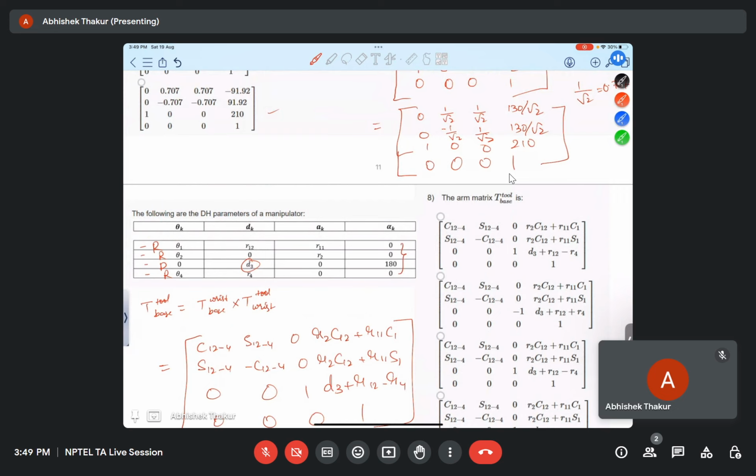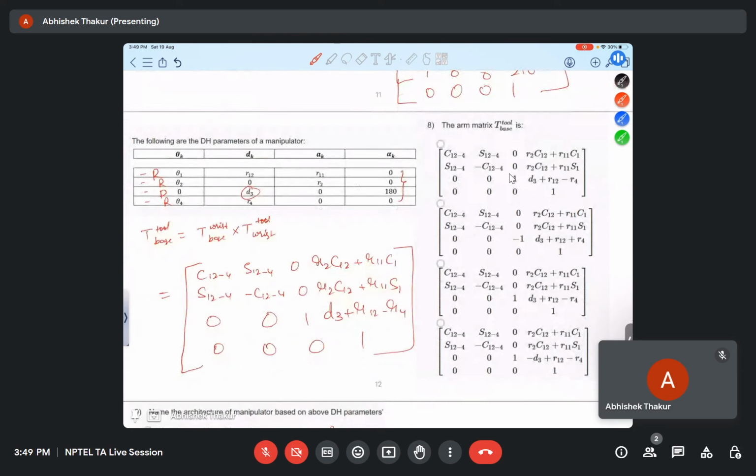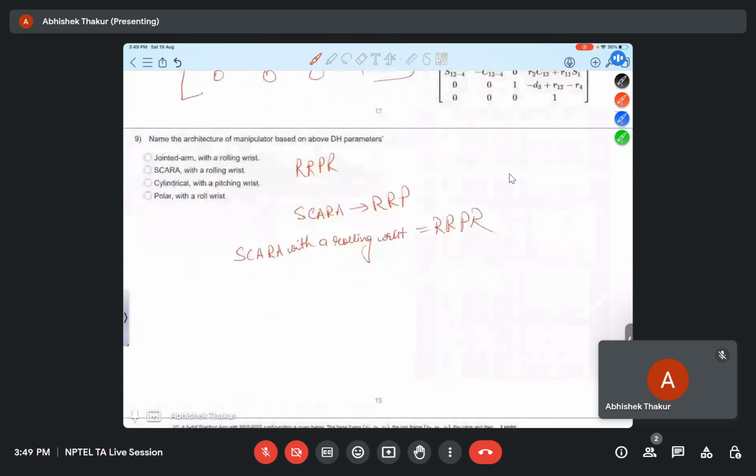So here you can see that it is not depending on theta 4. This is our approach vector. So the approach vector is not depending on theta 4. So this indicates a roll joint.